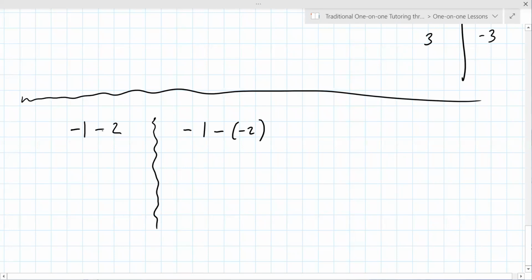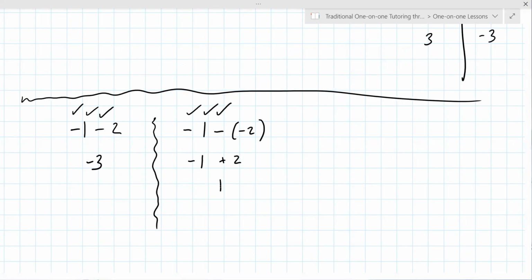Do you see that they both have the same, but now this is negative 2 and this is 2. Do you see the difference? Because the one on the left is negative 3. The one on the right becomes negative 1 plus 2, which is positive 1. Do you see that? Maybe. I can see it.